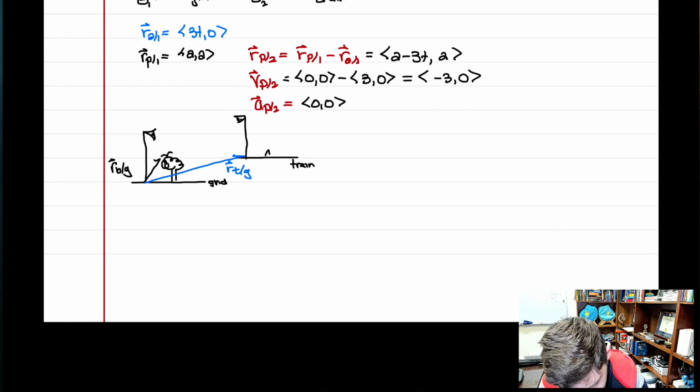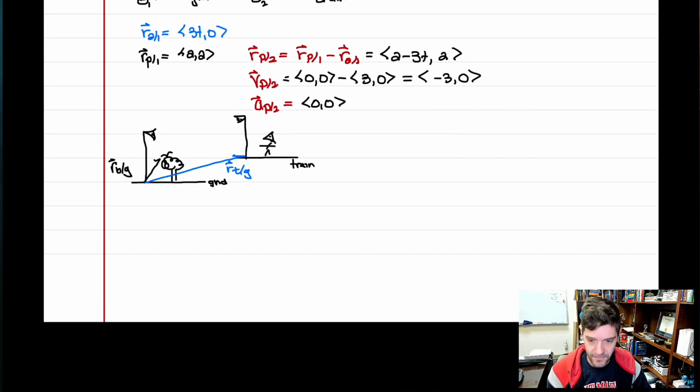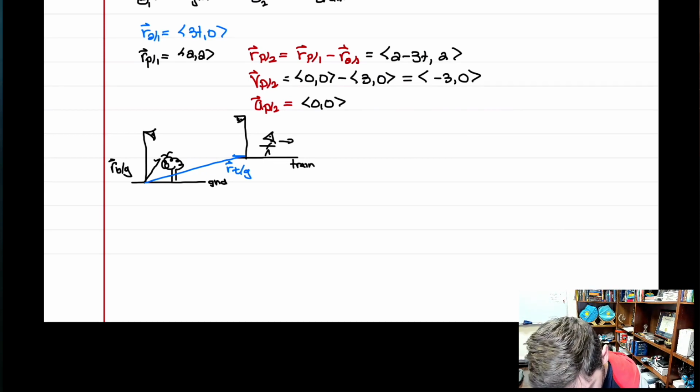But then maybe you get up to go to the cafe cart and you're now walking along the train at some speed. So you're walking along the axis, in the coordinate system of the train, but you're moving with some speed. So again, there's relative to, say, the origin of the train, which might be the back end of the train, say.